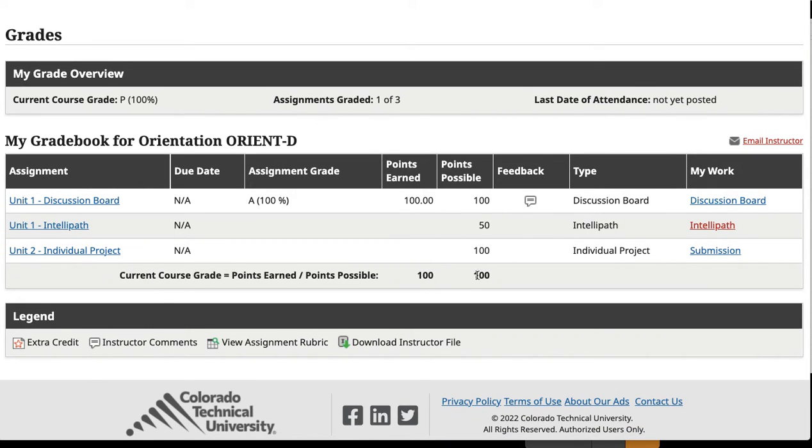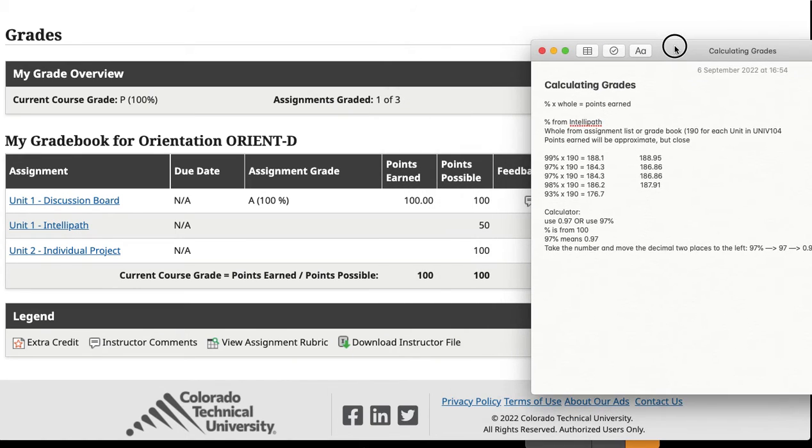Notice that we have points possible here. Right now it's showing what has happened so far, but we can look at this chart ourselves and say 100, 150. So 250 points overall. Or in our case, because they have the 100 points there, we're going to go over here and grab this. We know right now that they will have 100 points for the discussion board.